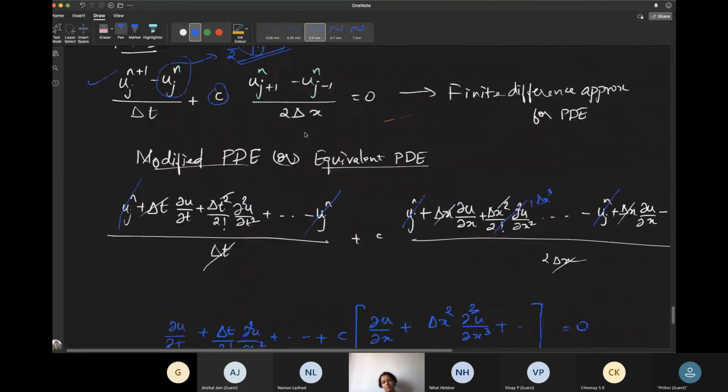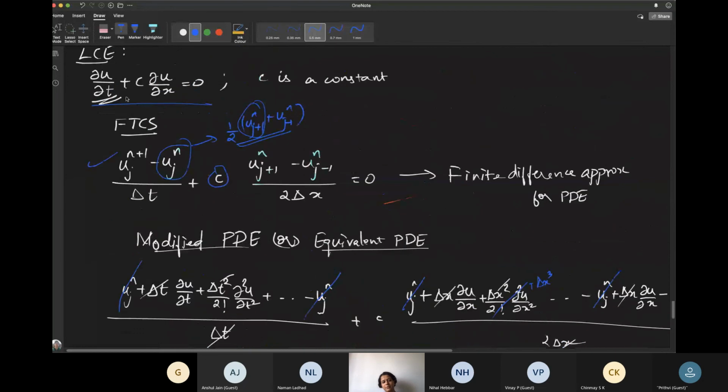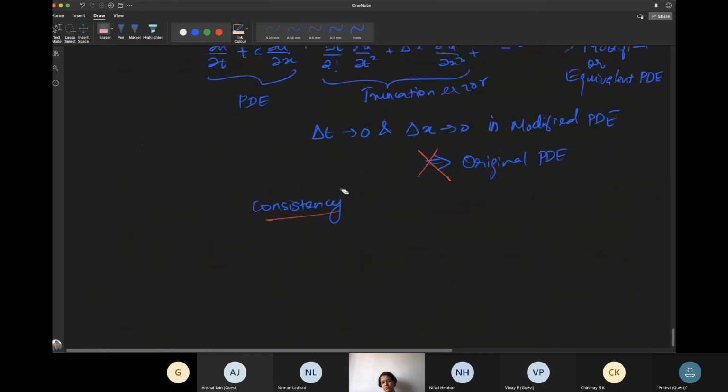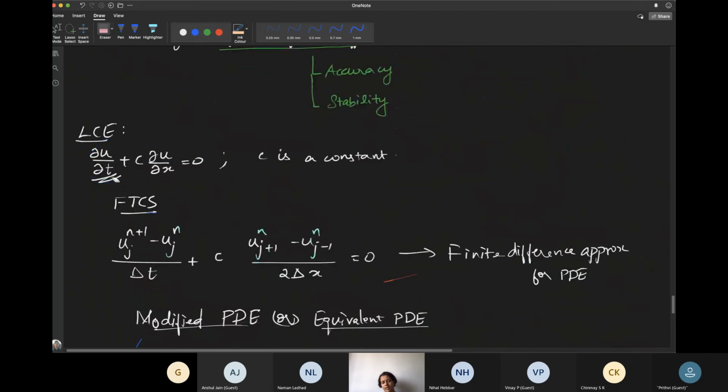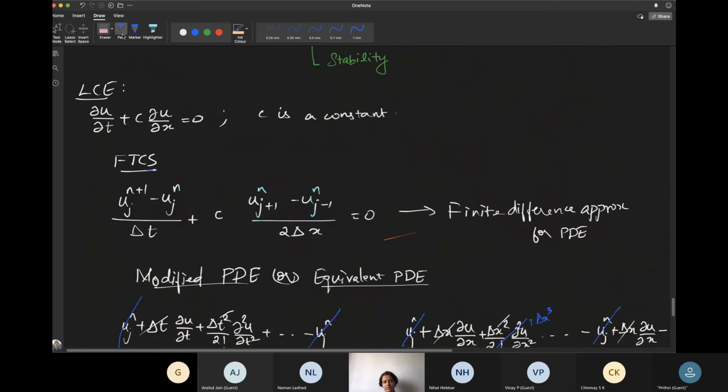So this way, here for a PDE, we have used the usual finite difference operators, that is forward in time and central in space, and then we have done this modified PDE thing. But in general, we don't construct any scheme from the PDE itself.